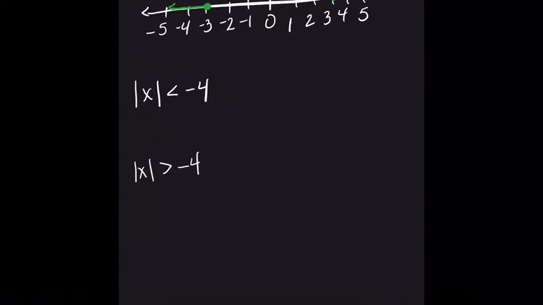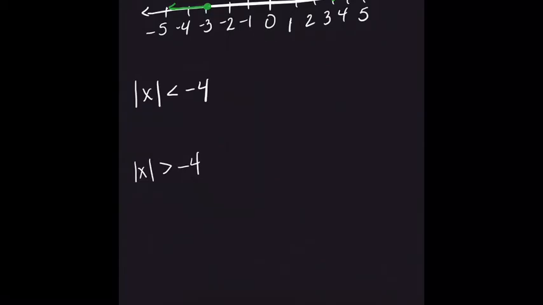So the question is, are there any real numbers that satisfy this inequality? What is a number less than -4? -5, right? But can we say the absolute value of -3 is less than -4? No, the absolute value of -3 is +3, which is greater than -4.